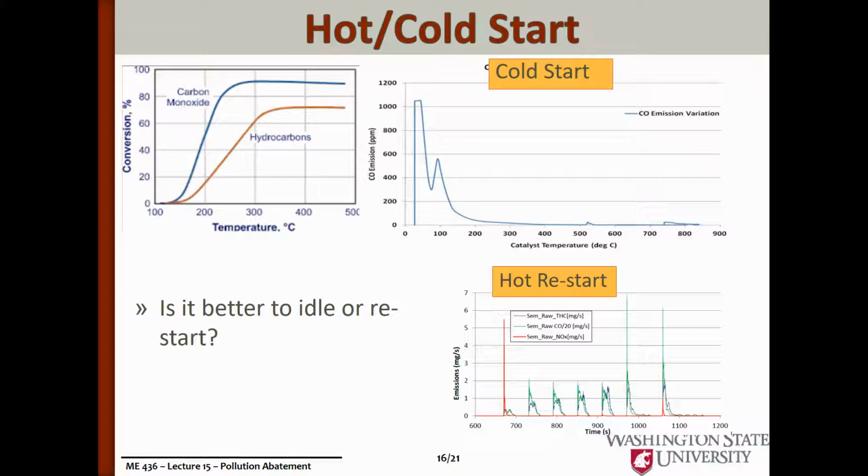So let's talk about emissions at hot and cold start. The catalytic converter, I mentioned this in previous lectures, takes some time to warm up, and its percent at oxidizing the carbon monoxide and hydrocarbons increases as a function of temperature. So at around 300 degrees is where we consider the catalytic converter warmed up, ready to go.